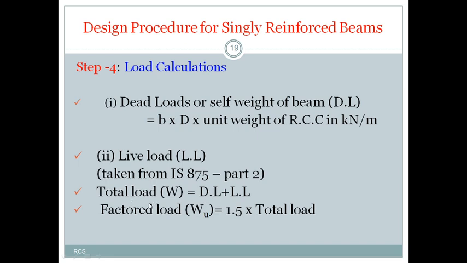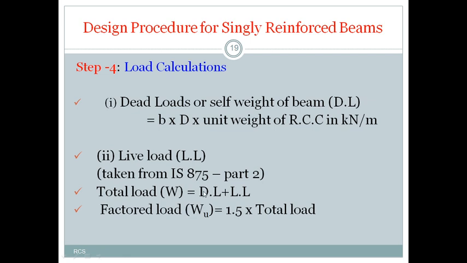Right. As we discussed when we discussed the design philosophy of the limit state method, and the importance of partial factor of safety, the partial factor of safety can be used to enhance the design load. So this is the actual load, that is dead load plus live load, that can be enhanced by multiplying with 1.5. What is the 1.5 here?